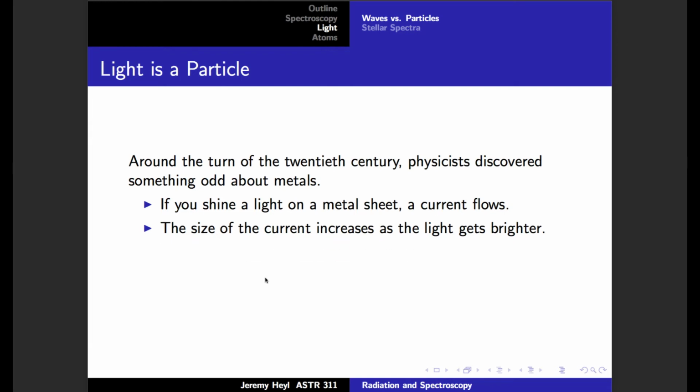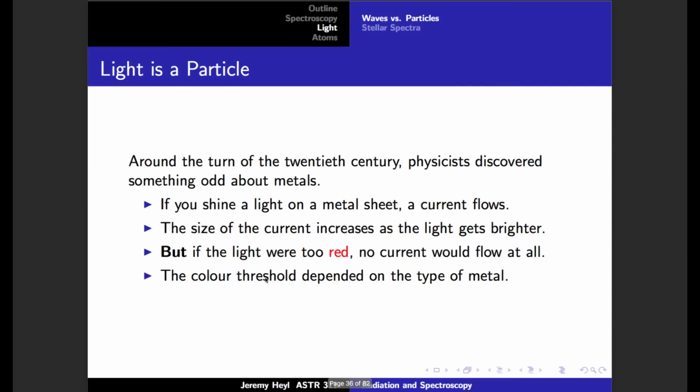More light, more current. But if the light were too red, no current would flow at all. There was a threshold in color that determined whether a current would flow at all.